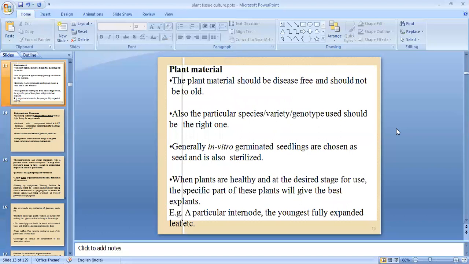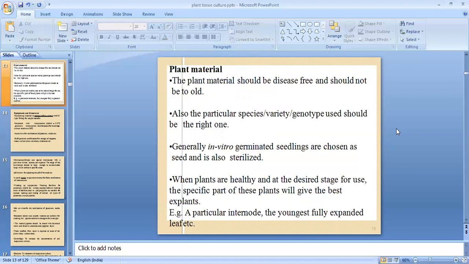First one is the plant material. The plant material means nothing but the explant. It should be disease free and it should not be too old. And the particular species or variety or genotype that you're going to use should be the right one.